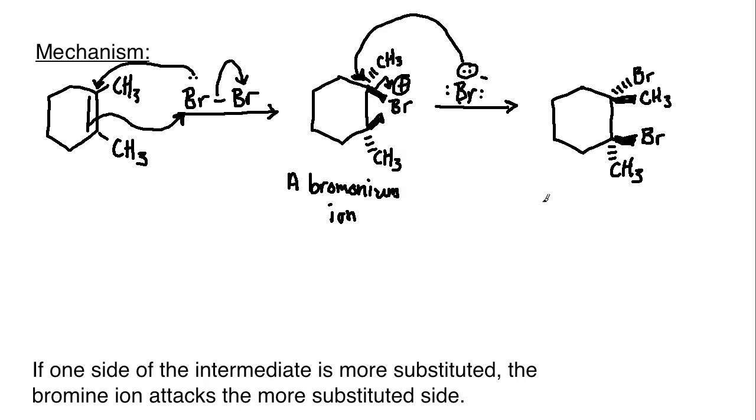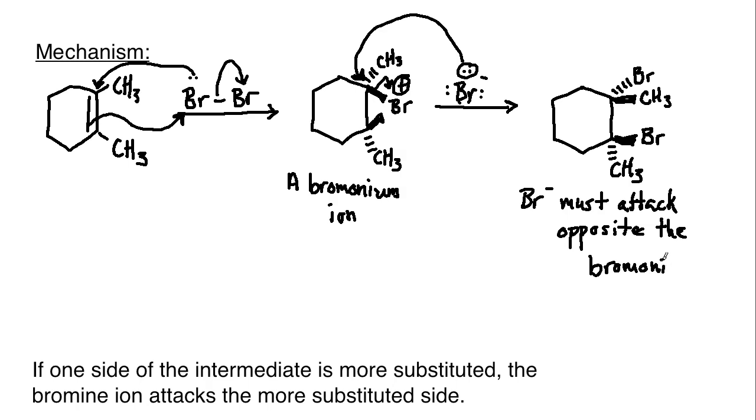Now, again, this is because when we have the bromide ion, it must attack on the opposite side of the bromonium. And that's the intermediate we saw in the step before this. So this is really a sterics discussion that we have here. It has to come in the opposite side of that large bromonium.